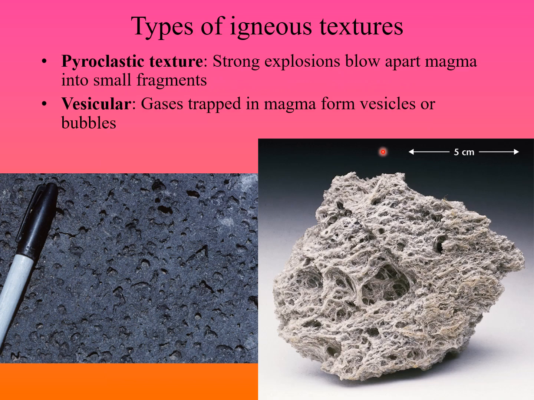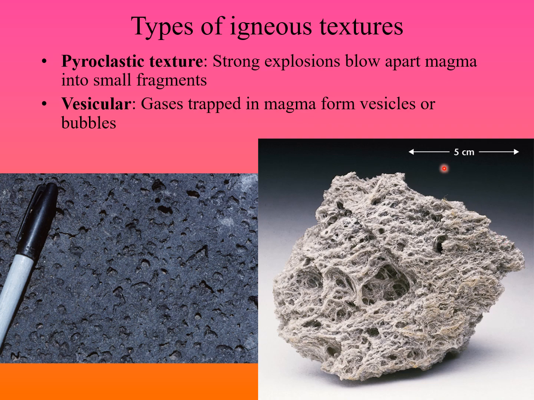So another type of igneous texture, you can get a pyroclastic texture. That's when the eruption on the surface at a volcano is so strong that it actually blows the magma apart into small fragments, and then those small fragments cool very quickly because they're in much smaller particles, and they have more surface area to cool very quickly.